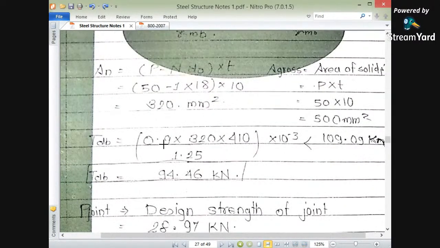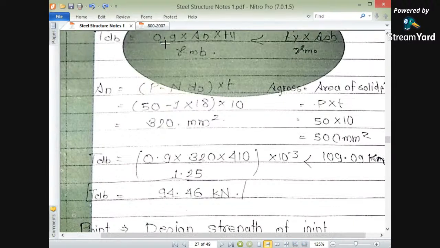So here we are putting the values. 0.9 An, that is 320. Fu is given in the question, 410. Gamma mb has been given in IS 800 2007 in the table as 1.25. Why have we taken 10 to the power minus 3? Here we are converting this into kilonewton.